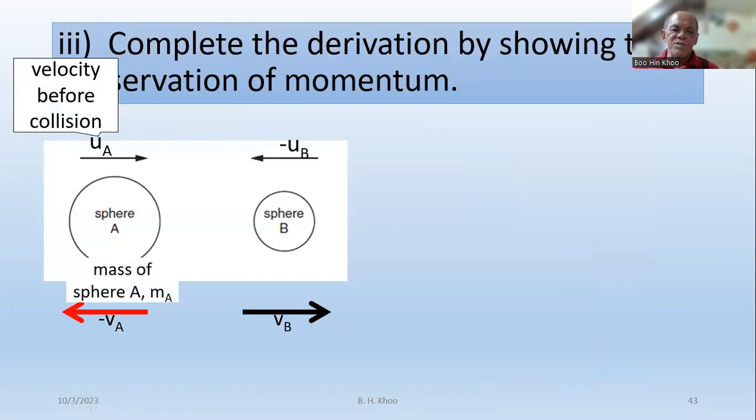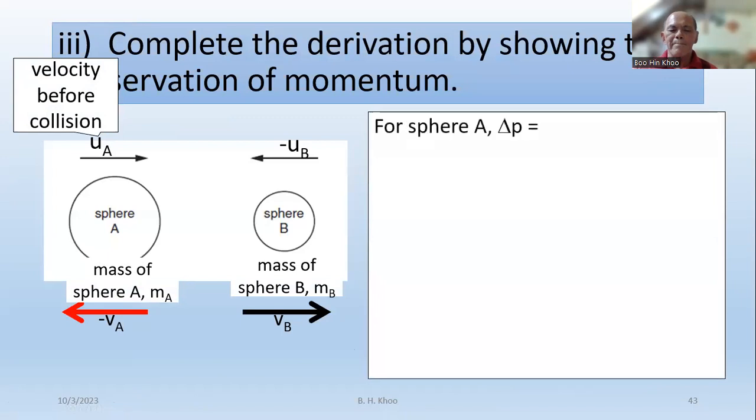Okay, let's just rewrite that. For sphere A, change in momentum is ma, right? Ma times the negative is because of this negative.